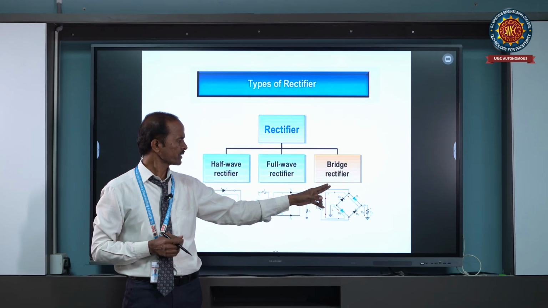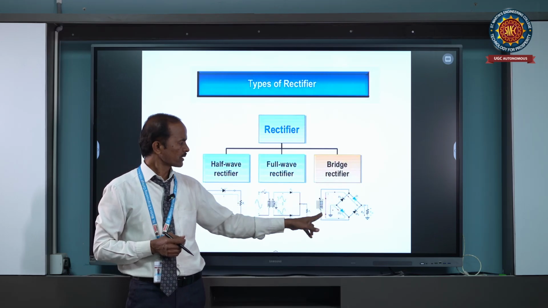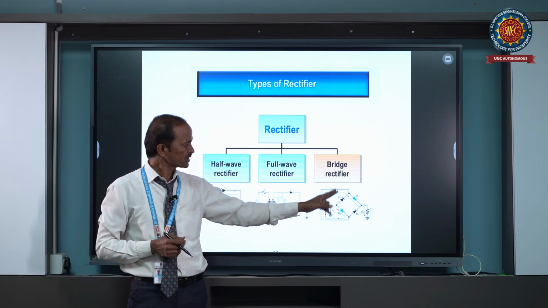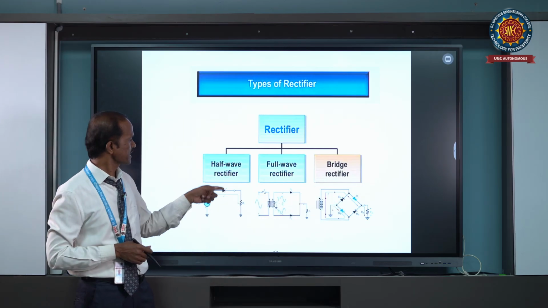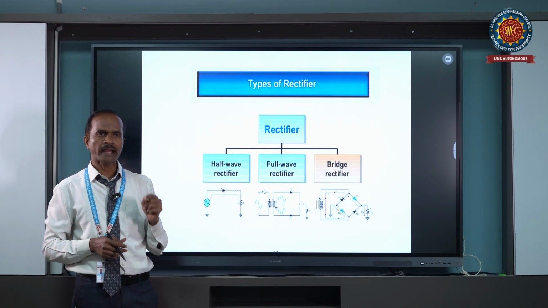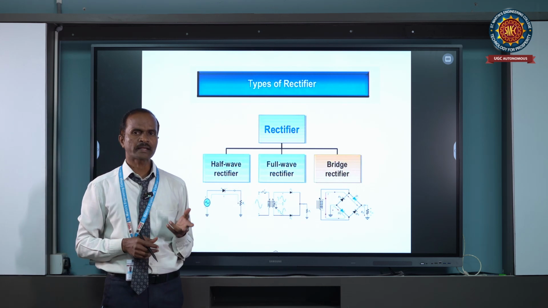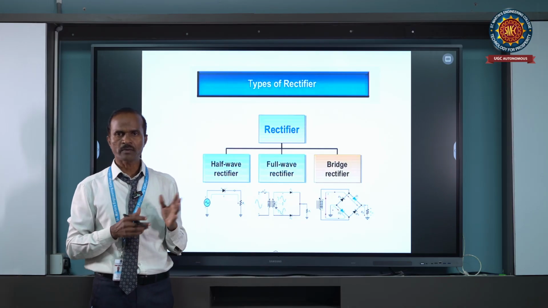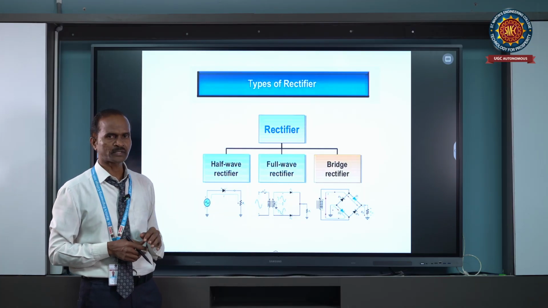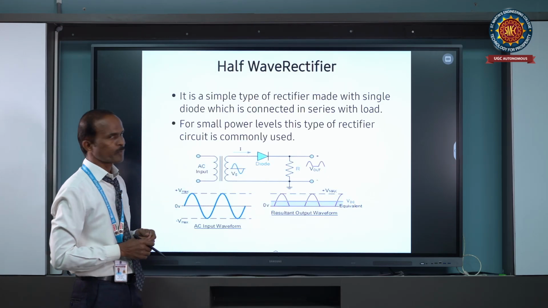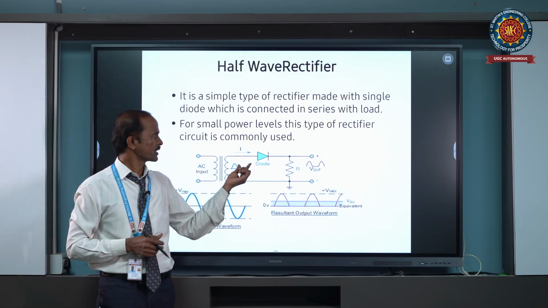In a bridge type rectifier we use one transformer and a bridge rectifier. A half wave rectifier can handle only half of the input, whereas a full wave rectifier can handle the full waveform of the input signal, that's why it is called a full wave rectifier.